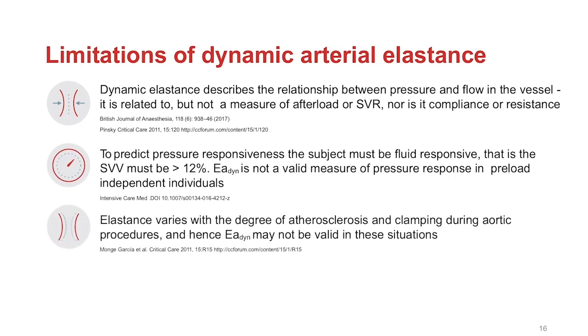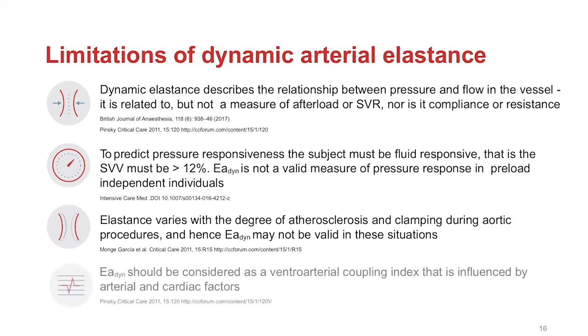Thirdly, true elastance varies with the degree of atherosclerosis and clamping during aortic procedures, and hence EA-dyne may not be valid in this situation. And finally, there is emerging work suggesting that EA-dyne is affected by both arterial and cardiac factors, and the normal arterial baroreceptor control system described previously affects the response to vasoconstriction and vasodilatation.